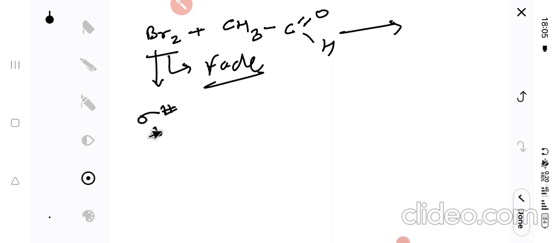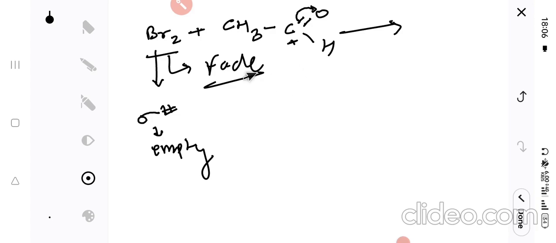Here, when bromine attacks, because oxygen has a lone pair and high electronegativity, it attracts the pi bond electron pair, and C has a positive charge, right? So there will be an addition reaction.